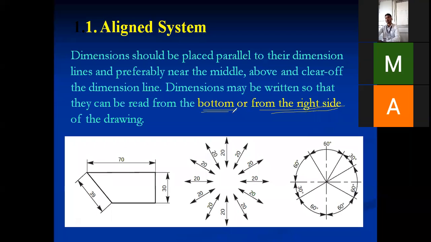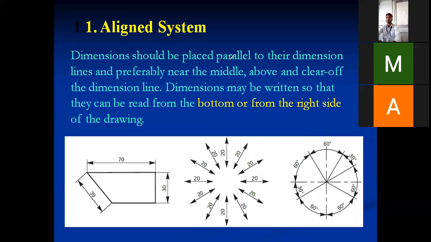Okay, one more thing I have told: where is the dimension text or figure mentioned, in between the dimension line or always above the dimension line? Always above. Whatever text is given, it is always above the dimension line. That is the main concern related to the aligned system. We can read the dimension from the bottom or right hand side, and text is given always above.